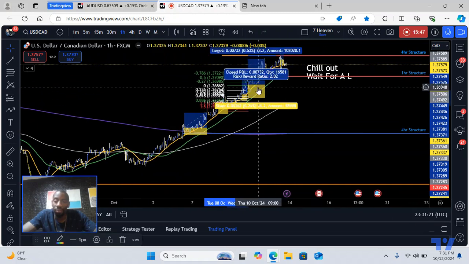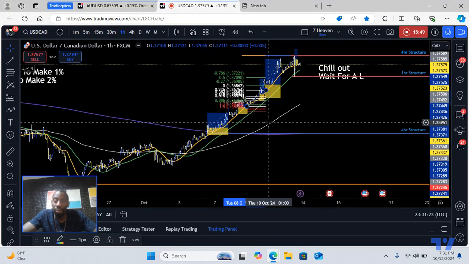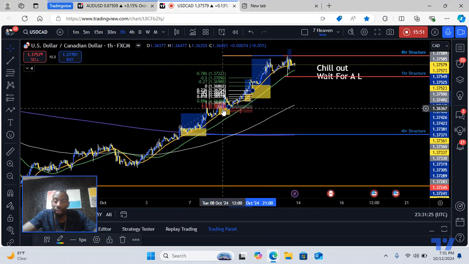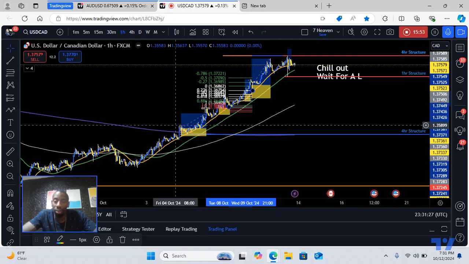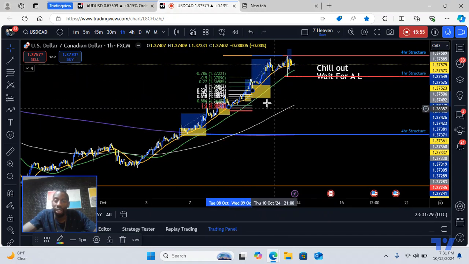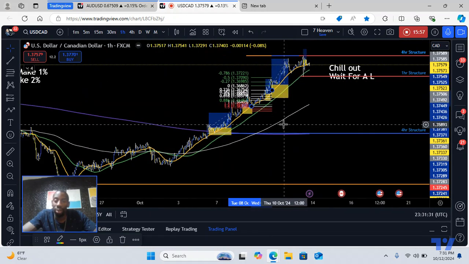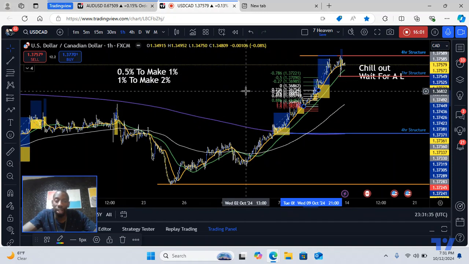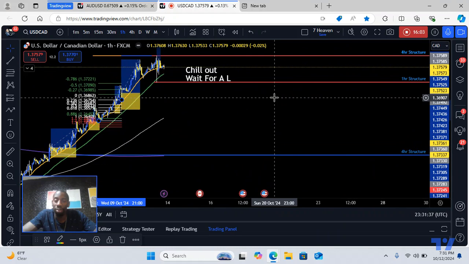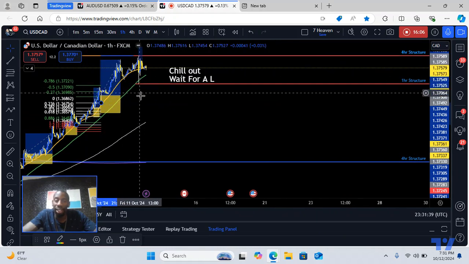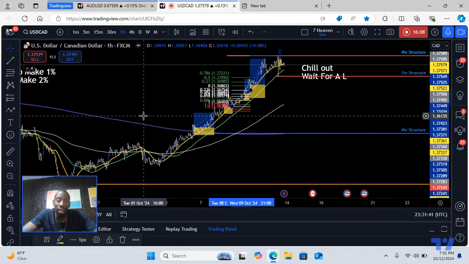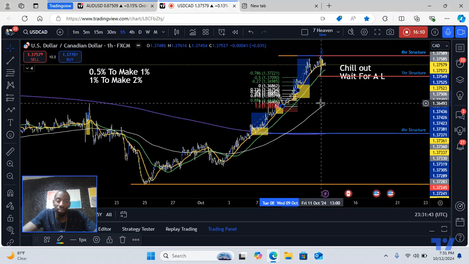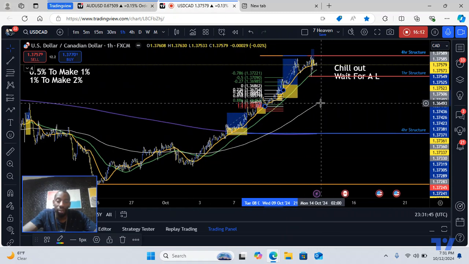Boom, right there. And now, since we have a little knick-knack in the middle there, I would take this entry too as well. I'll risk 0.5 to make 1%, and I would have nailed that one right there, like I did. And so you're up like literally 3% there, right?